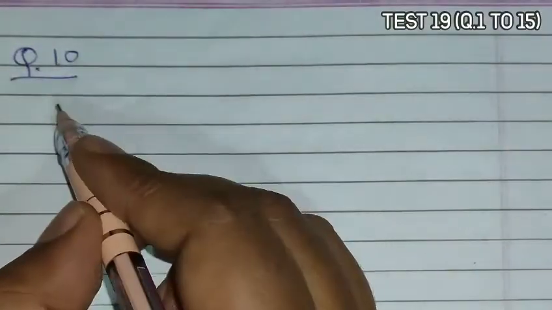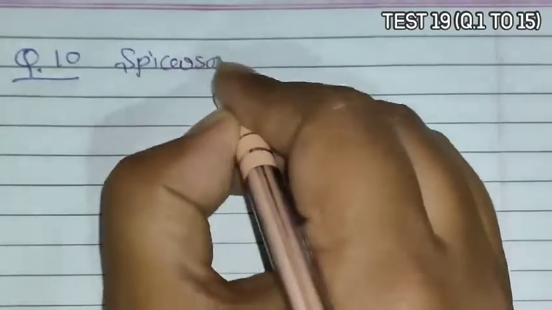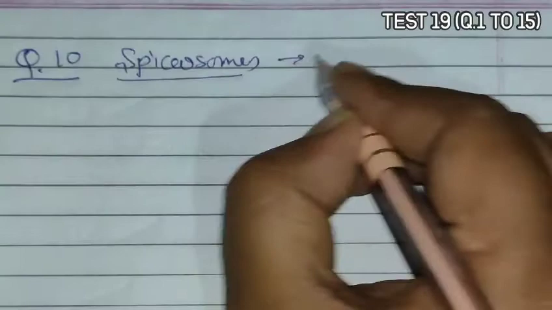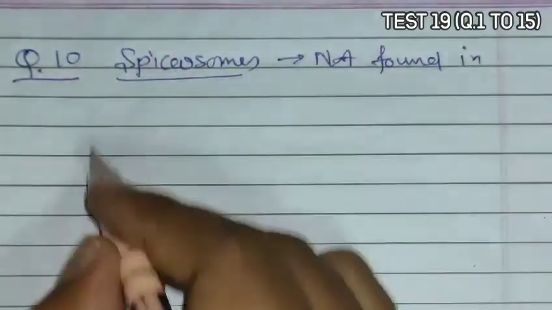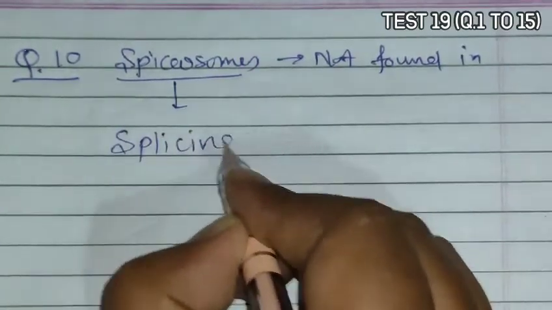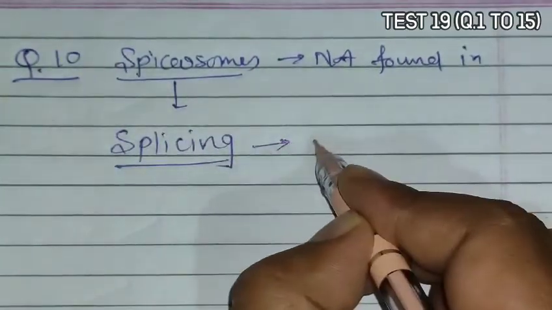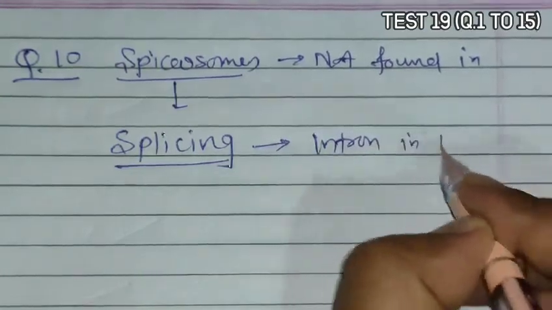Question 10 asks that spliceosomes are not found in the cells of. Now spliceosomes are found during splicing, and splicing occurs when there is a presence of intron in the DNA sequence.